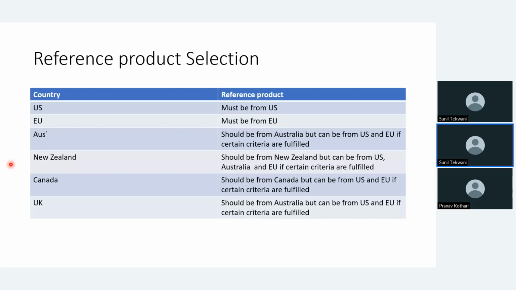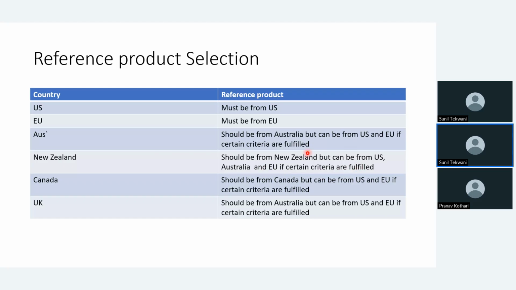While in all these countries, most of them allow using an EU or US reference product or EU or US BE study, but not in every case. In some cases, they will allow. Australia allows using the reference product from the US and EU if you follow certain criteria. New Zealand also allows using a US, Australia, or EU reference product BE study if you follow certain criteria.